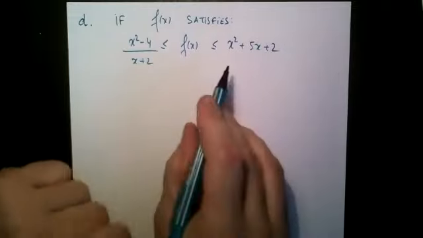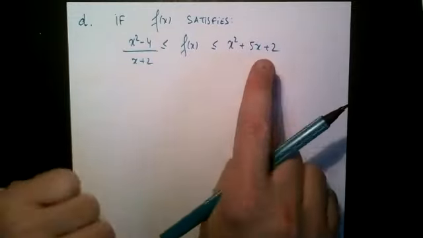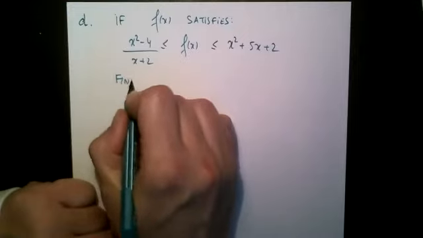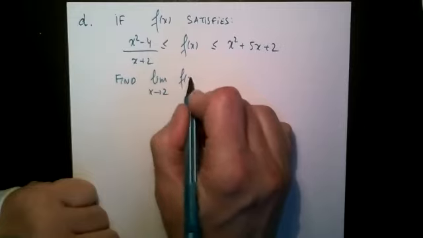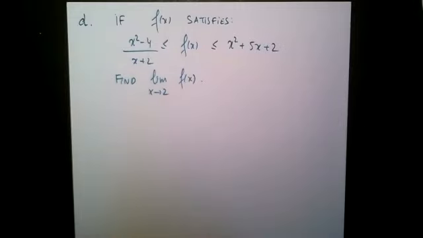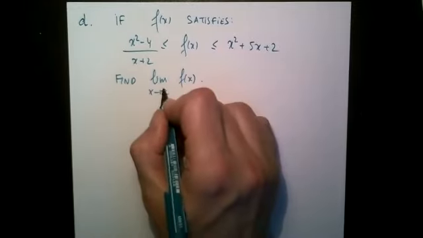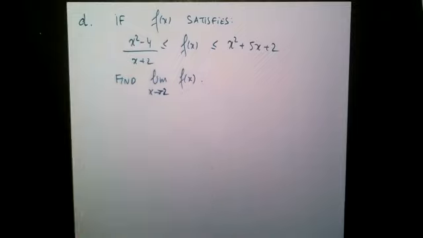So if f is stuck between these two functions, find the limit as x approaches 2 of f of x. Sorry, minus 2. x approaches minus 2. That's a minus here.